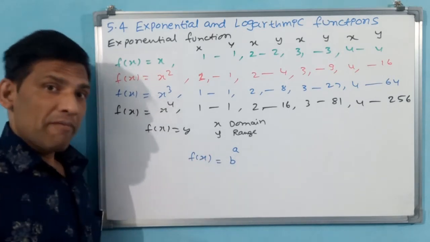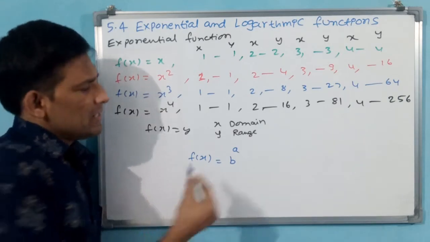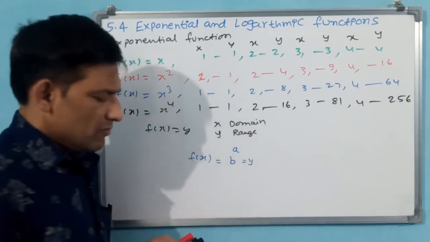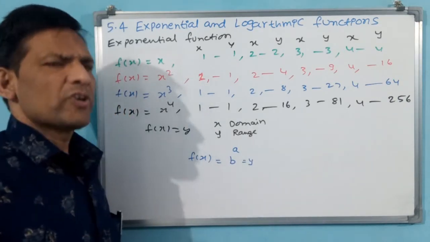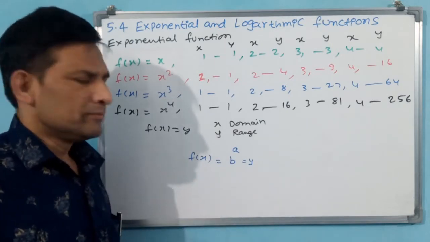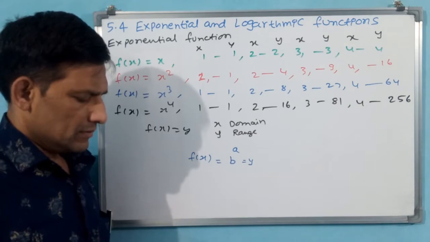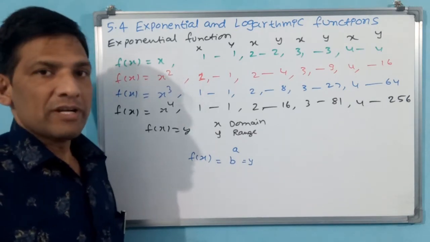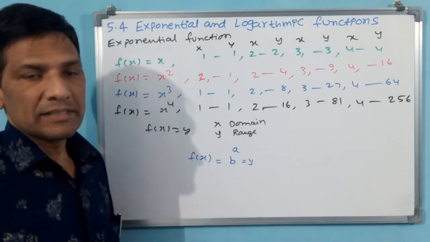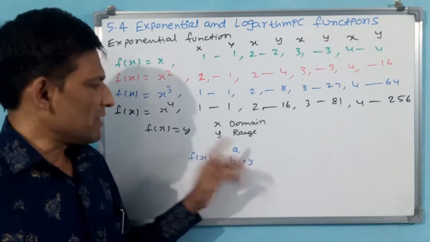A is power. Base and power. What about f of x or y? Shall we call it output or value? Y is equal to output or value. Base is b, power is a.